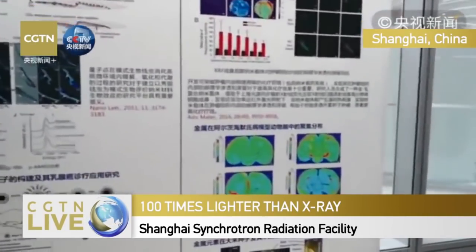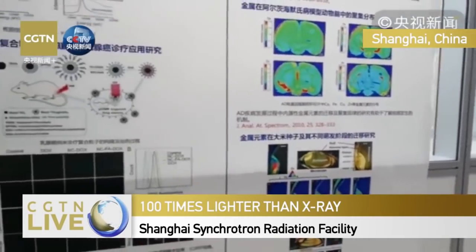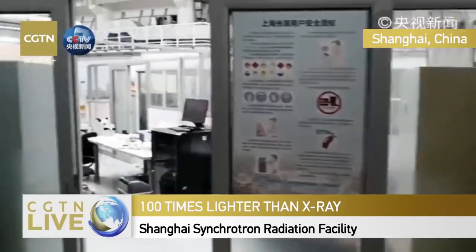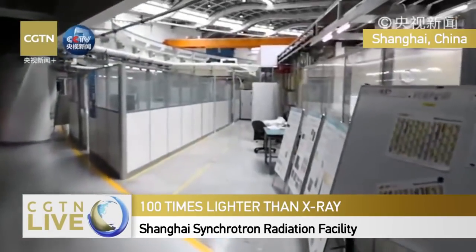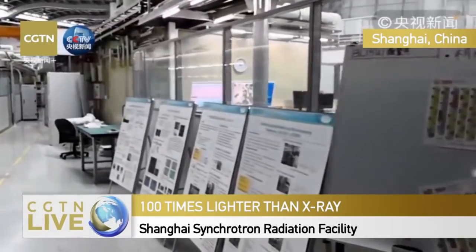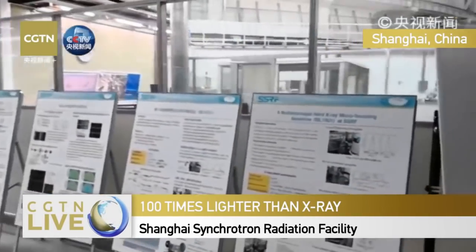If you do not have access to Shanghai Light Source, it is time-consuming because you need to go through the visa procedure and the approval procedure. Previously, scientists needed to go to the US or Japan, and it was time-consuming and effort-consuming.